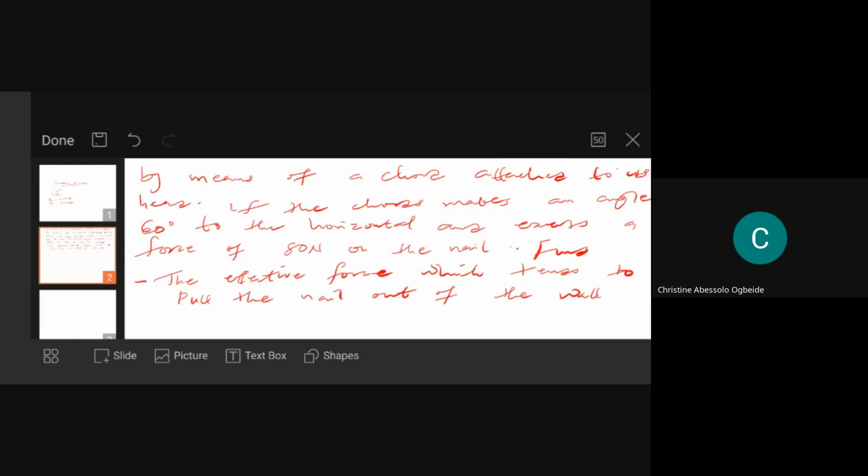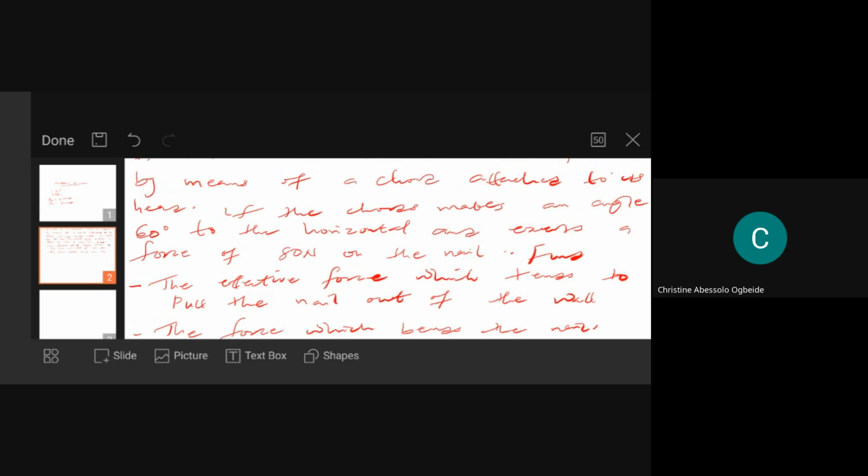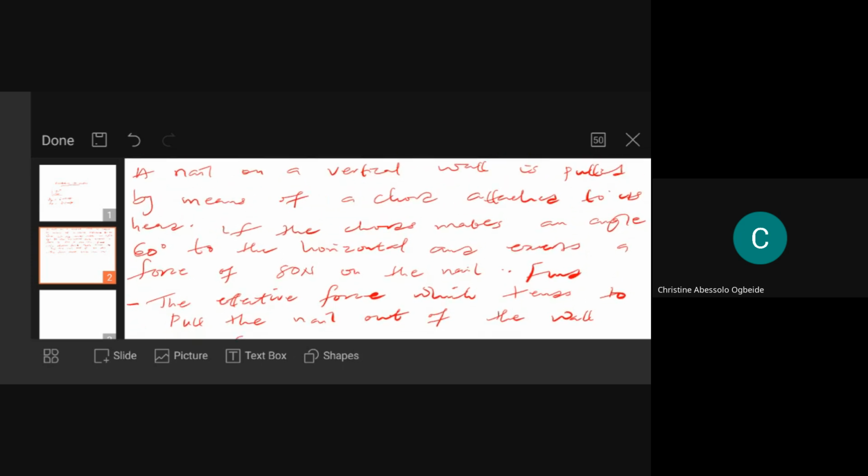And the second question says we should find the force which bends the nail. So just a very simple question to illustrate what I've just said. Remember, the question says a nail on a vertical wall is pulled by means of a cord attached to its head.